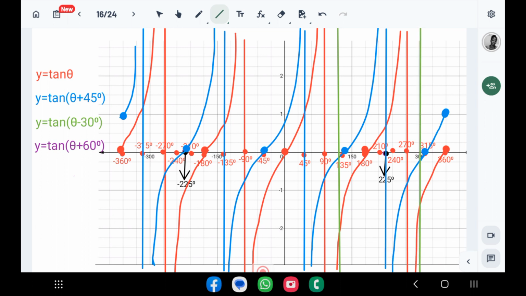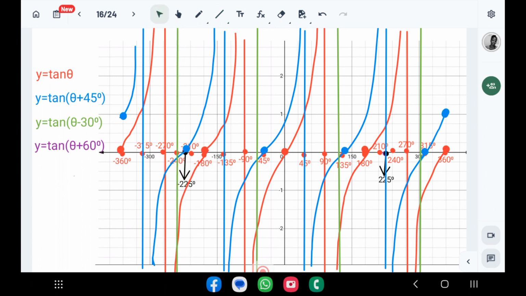Okay, just fixing that one. Now let's duplicate this one as well. Okay, 30 degrees to the right. Notice our red is over here, so we just shift 30 to the right. Here's another red asymptote. Let's just land this one right 30 degrees in front of it.